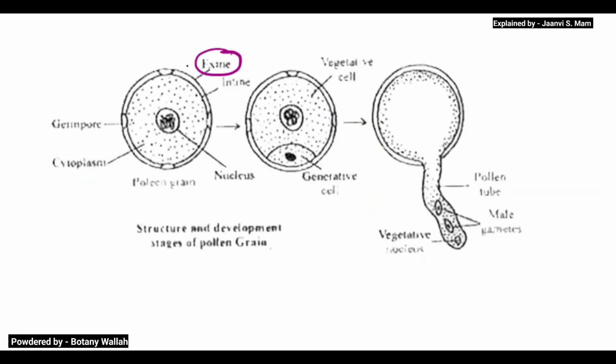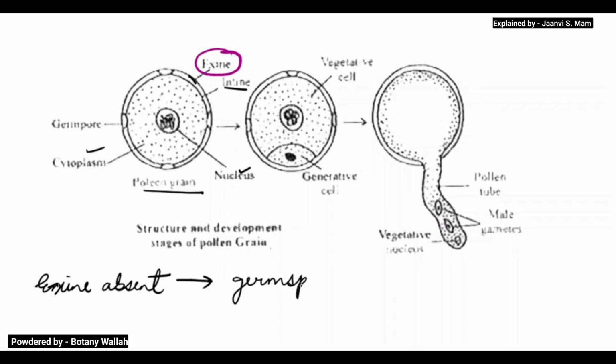And you can see here Exine is the outermost layer, Intine is the inner layer, then it has nucleus, this is known as pollen grain, it has granular cytoplasm. Now at some places the Exine is discontinuous, like Exine is absent. The places where Exine is absent on this pollen grain are known as germ pore.